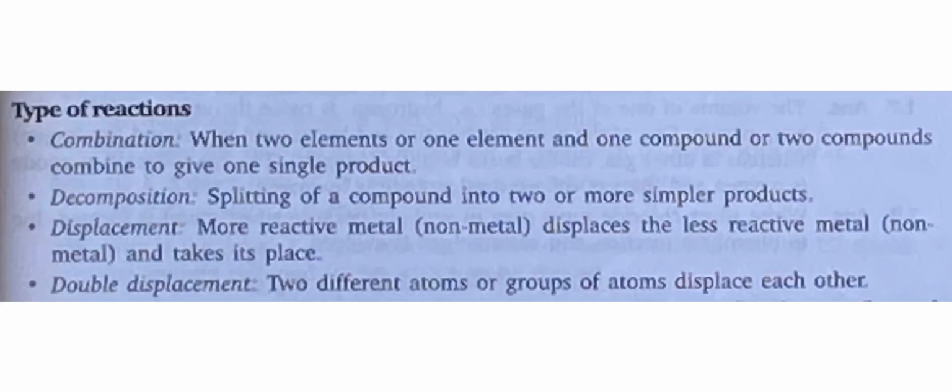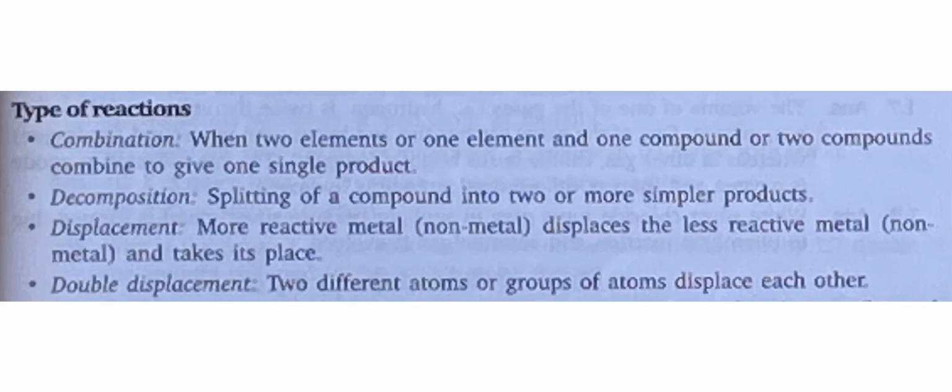Now let us revise the types of reactions we studied. First one is the combination reaction. It can be defined as when two elements, or one element and a compound, or two compounds combine to give a single product, it is called a combination reaction. Next is the decomposition reaction.